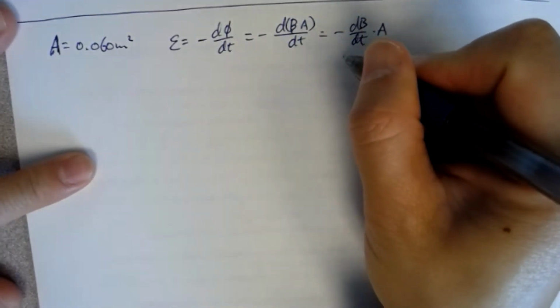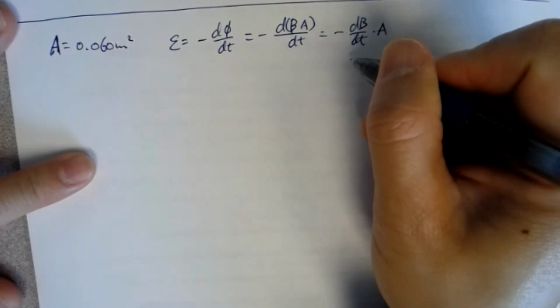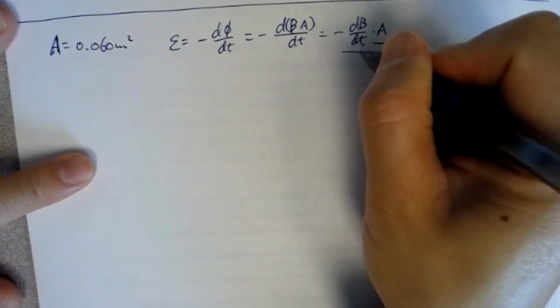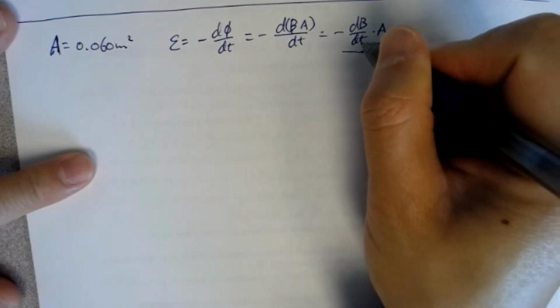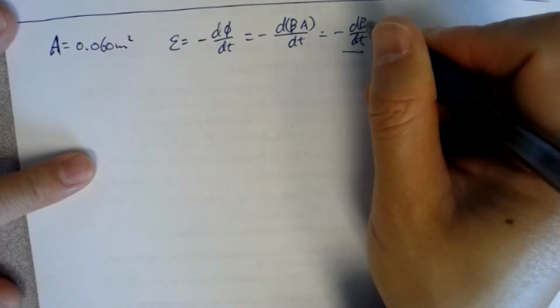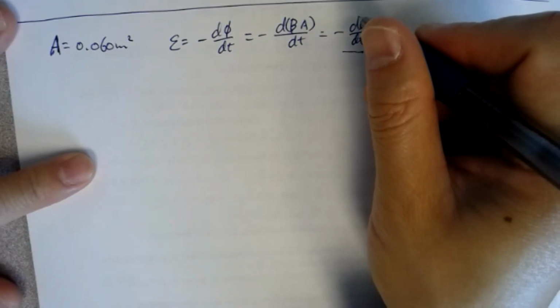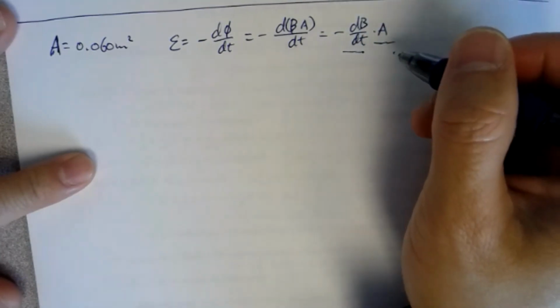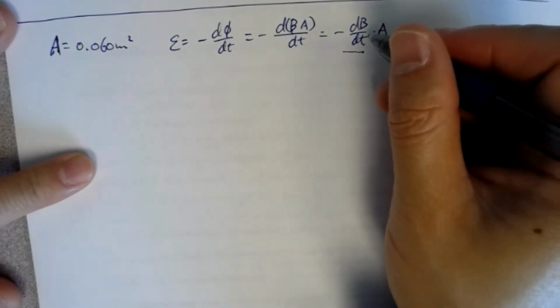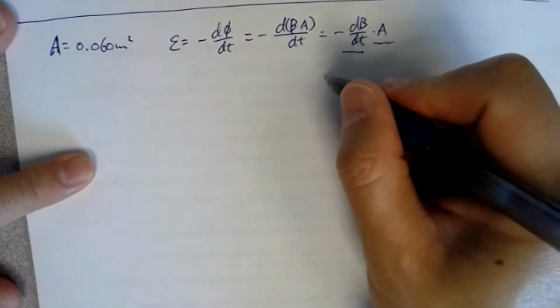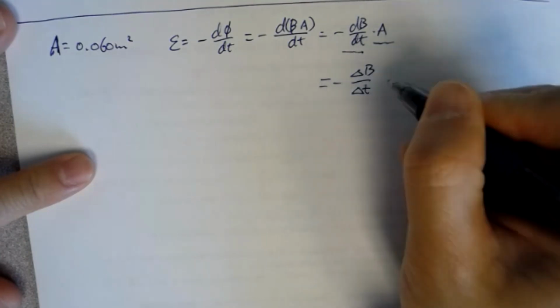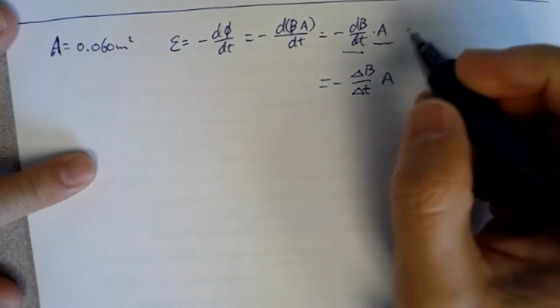It tells you the time delta t and how much the field changes. It changes direction, from positive to negative, so positive 0.25 to minus 0.25. So this is like minus delta B over delta t, because it gives you the time.